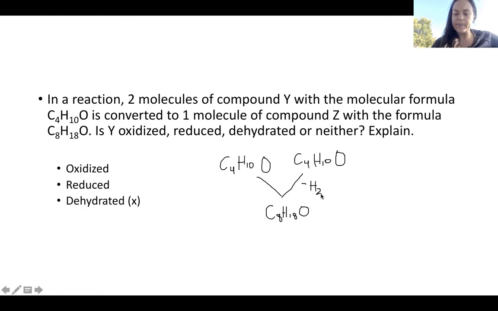And then we have an oxygen here and an oxygen here, so we had 2 oxygens to start with, but in our product we only have 1. So we lost an oxygen. So we lost 2 hydrogens and we lost an oxygen. We lost H2O. We lost a water molecule. If we lose a water molecule, that is a dehydration. So it got dehydrated would be the correct answer here.